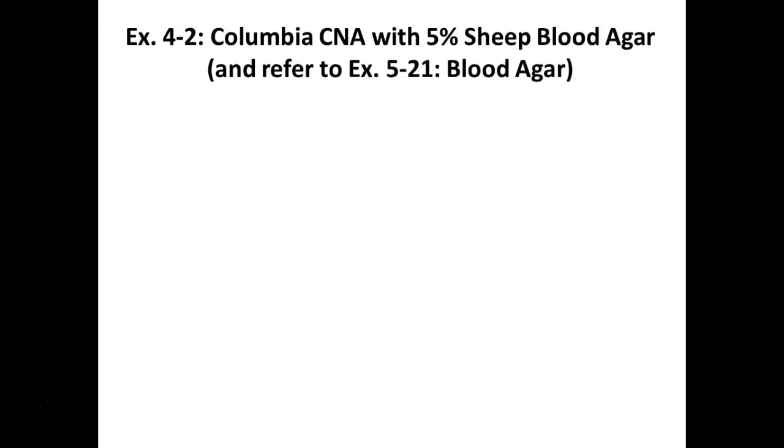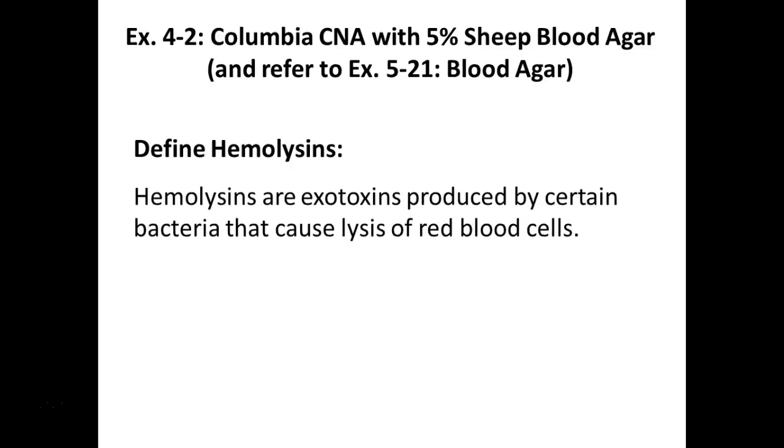We'll get to it. Okay, so the Columbia CNA is going to give you the answer. CNA stands for colistin and nalidixic acid. These are pre-made plates, and we use these to differentiate hemolysin ability, if they produce hemolysins that break down red blood cells.